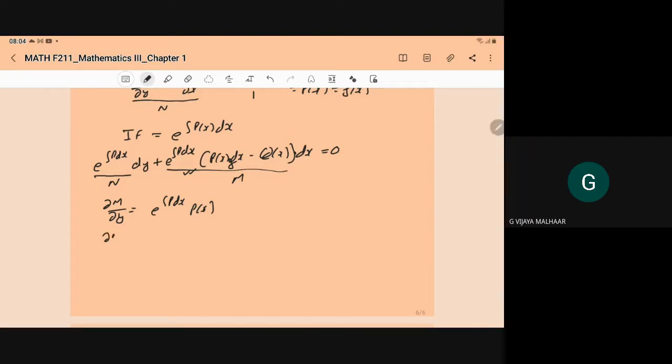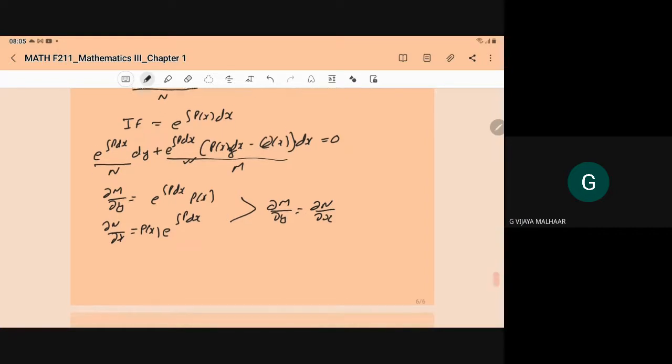Similarly, if you compute del N by del x, the derivative of e to power something is e to power something, so e to power integral p dx, and the derivative of integral p dx will become p, which is a function of x. So del M by del y is equal to del N by del x. Now you can say it is exact.